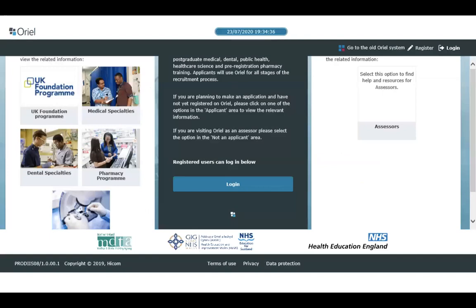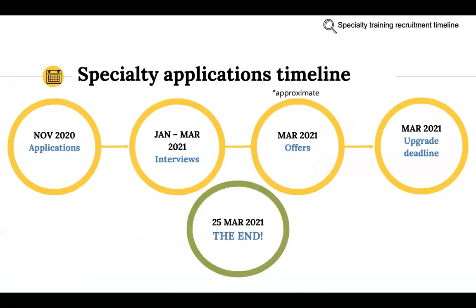This is basically the platform Oriel where you apply for training. You'll need to create an account, log in, and then fill in your application form here. In terms of the timeline, applications generally open in November 2020. Interviews are held between January and March of every year generally.